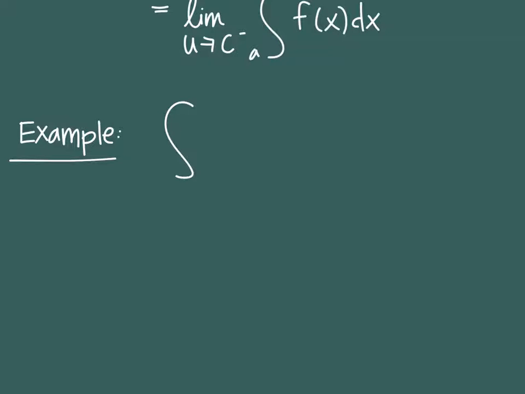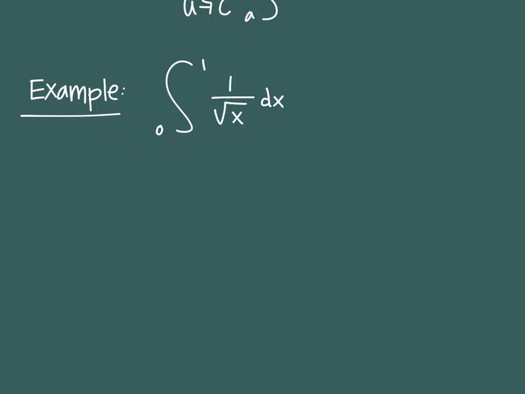So let's try the integral from 0 to 1 of the function 1 over root x dx. The problem is with which bound? 0. 0 is not part of the domain, so the interval that we're working on is open-sided at 0 to 1.